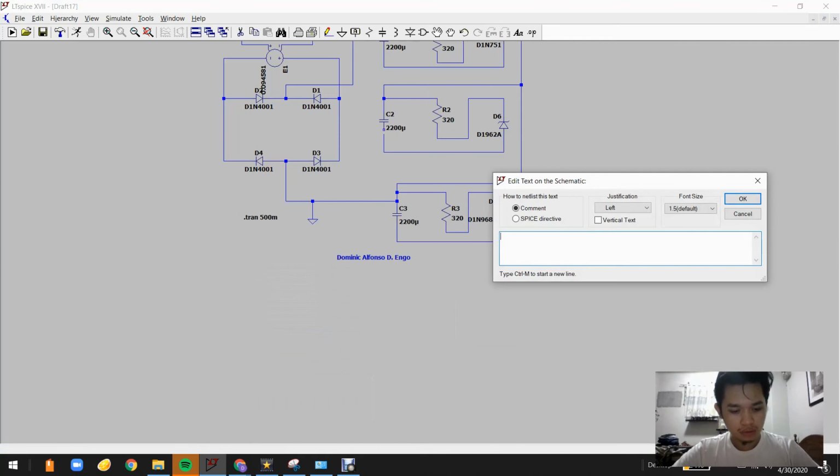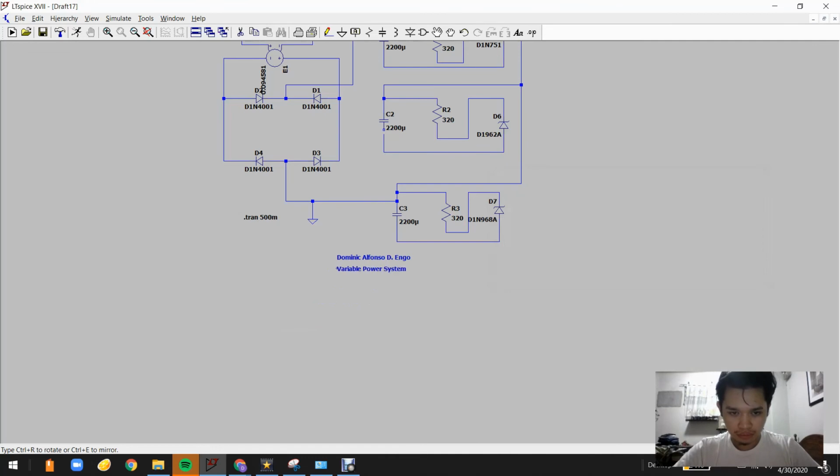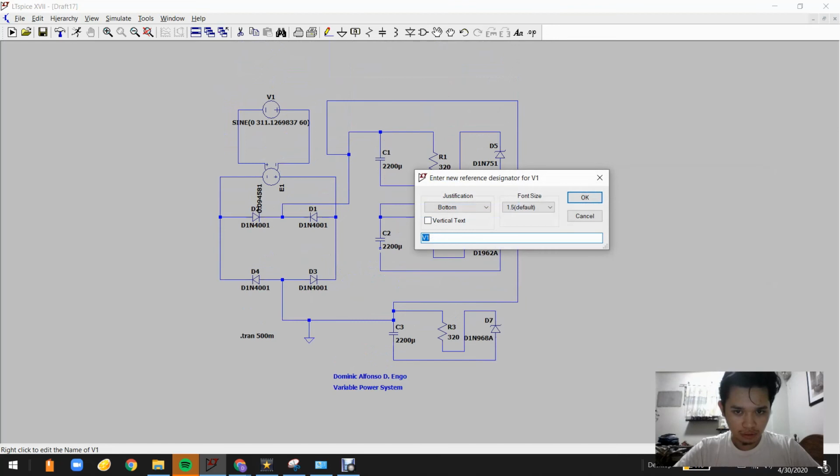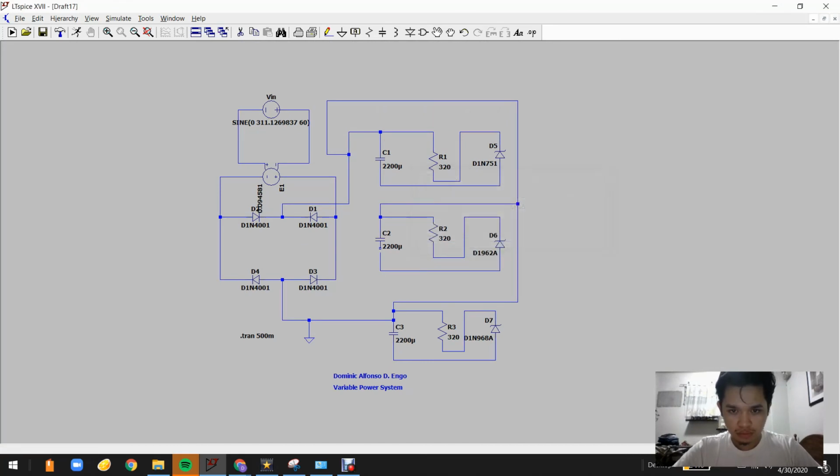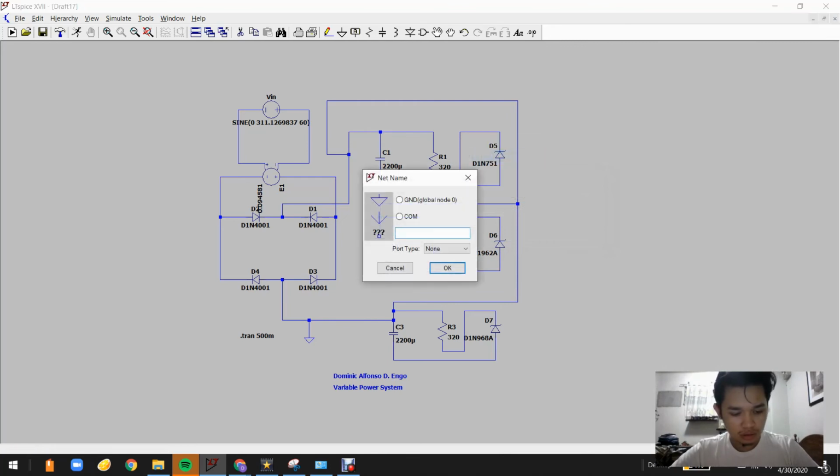This is refined variable power system. So let's label the appropriate parts. This is V in, and this is V out 1.